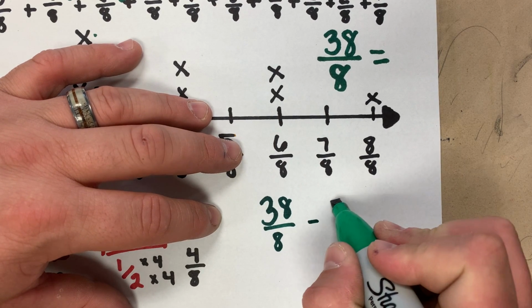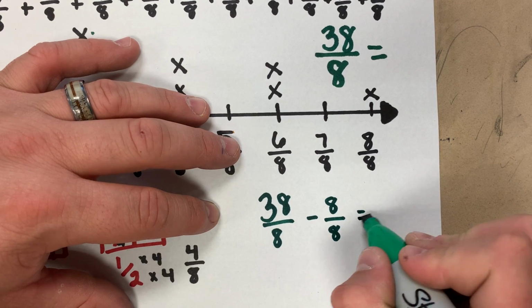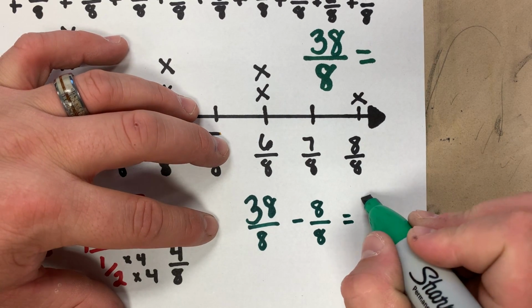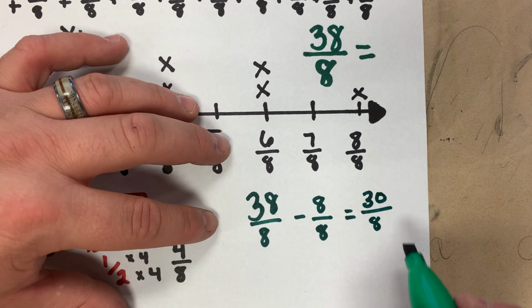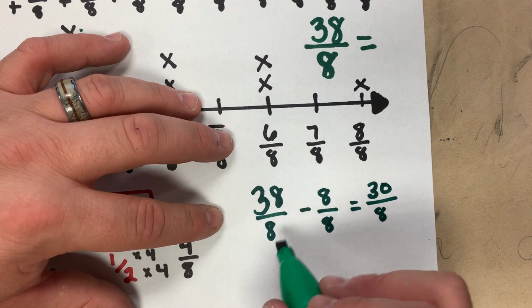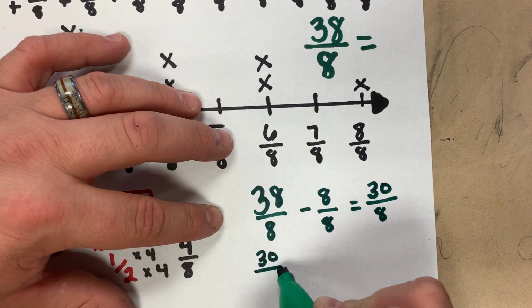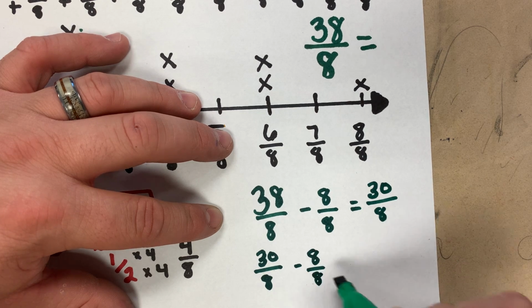So I want to take away 8/8 to make one whole. So now that leaves me with 30/8. Okay. Next, we've got 30/8 minus 8/8.